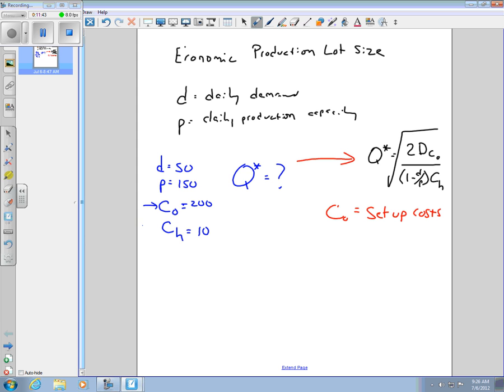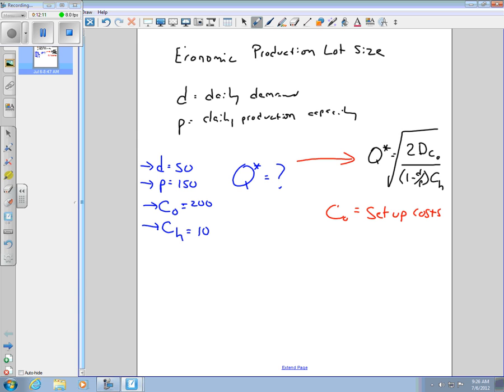Now in this situation, every time I set up to run a batch, to run a production lot, it costs me $200. In this example, my annual holding cost per unit is $10. And I have the capacity to produce at a rate of 150 units per day, and I need or use 50 units per day. So that's where all these come from.